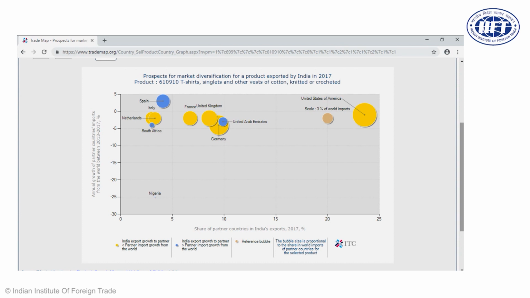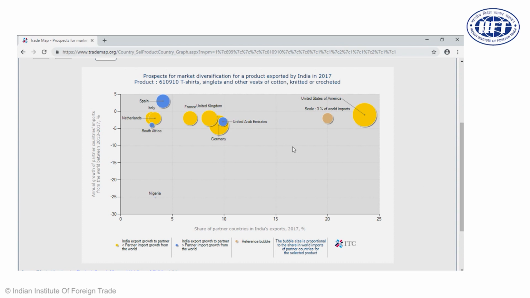That means our reach in these markets is below these countries' ability to grow. So here the idea is India might be able to export to these countries in the long run, but only after understanding which barriers constrain India's export in these markets.